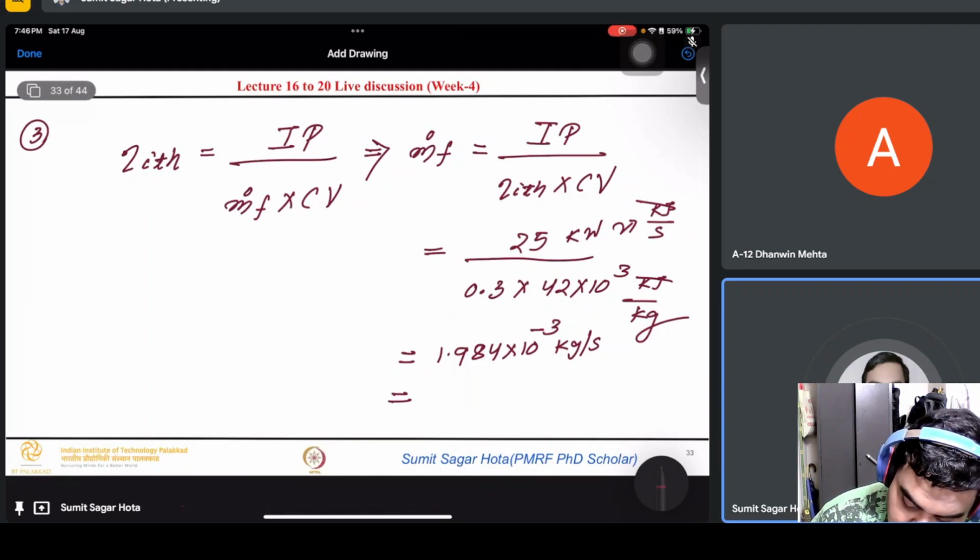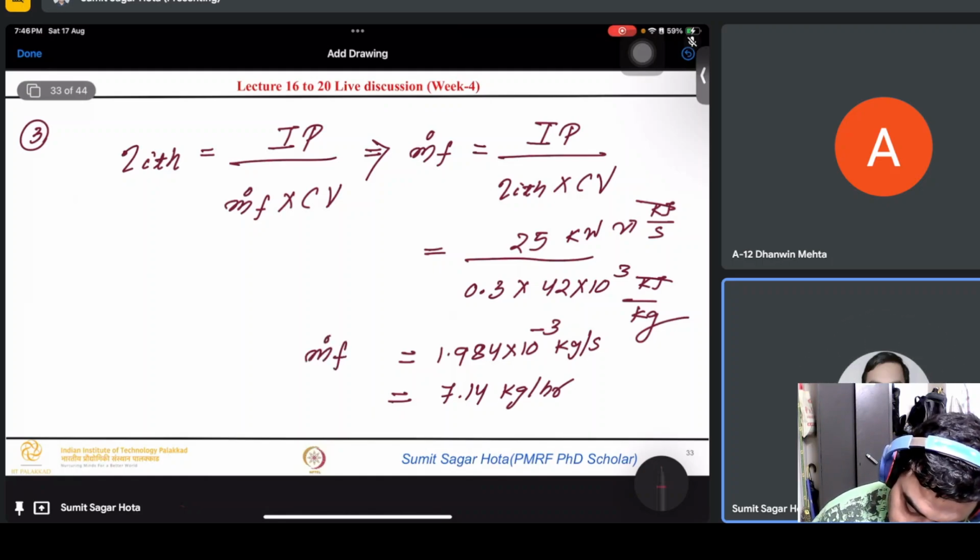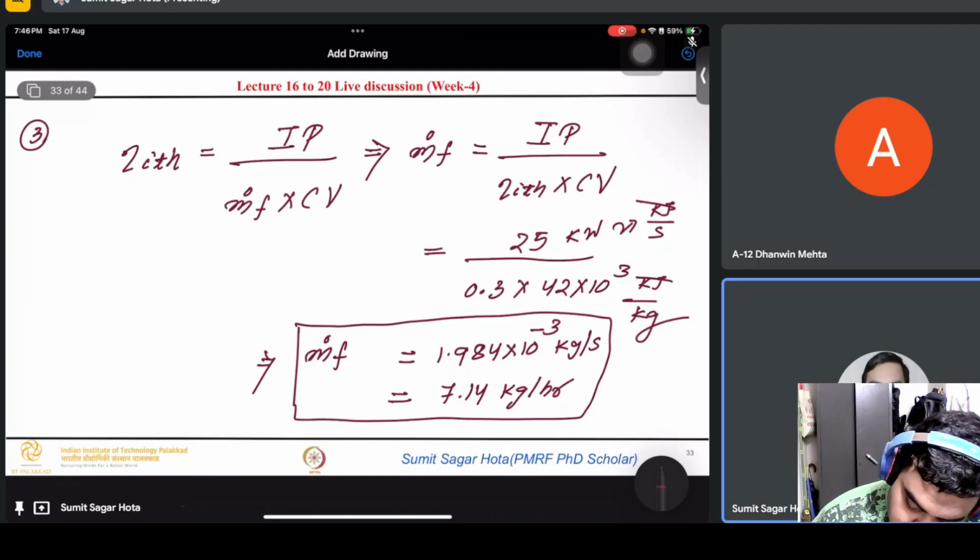Now, 1 hour is 3600 seconds, so just multiply 3600 with the above term, 1.984 into 10 to the power minus 3. You'll get it as 7.14 kg per hour. This is your answer.